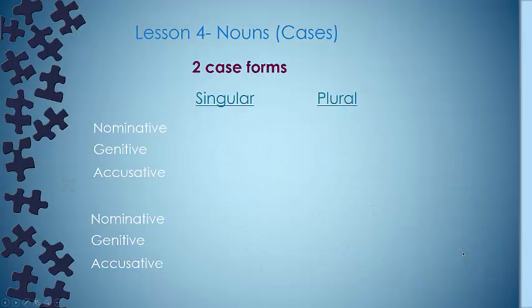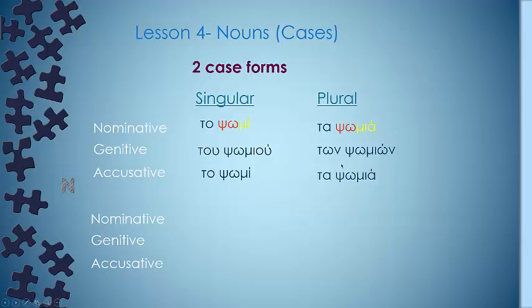And in neuter nouns, there is the same identical rule. Το ψωμί, which means the bread. Του ψωμιού, το ψωμί. Τα ψωμιά, των ψωμιών, τα ψωμιά. We have two syllables on the left, two syllables on the right.